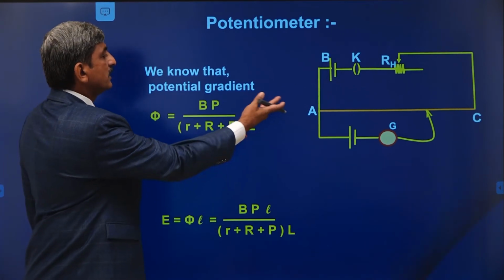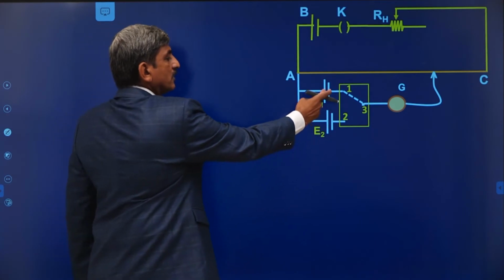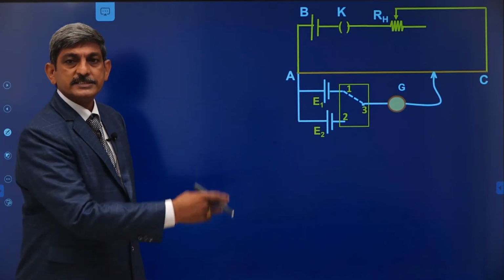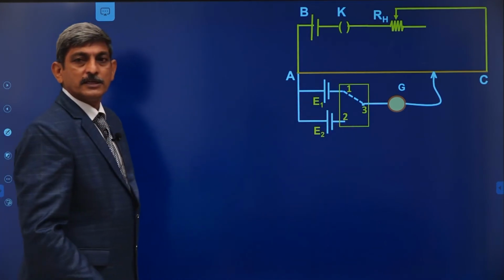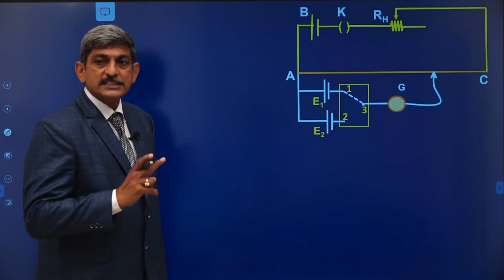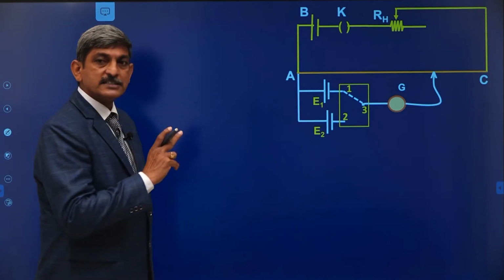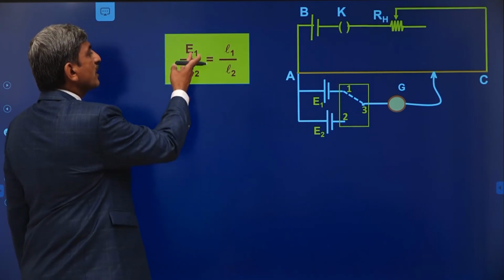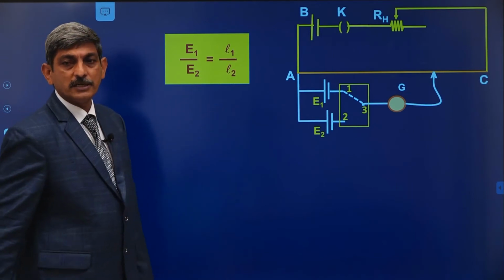Now see another concept. If suppose two cells of EMFs E1 and E2 are connected in the secondary circuit by means of a two-way switch, and the balancing lengths are measured by connecting the batteries separately in the circuit, the ratio of the EMFs is given by E1 by E2 is equal to L1 by L2.